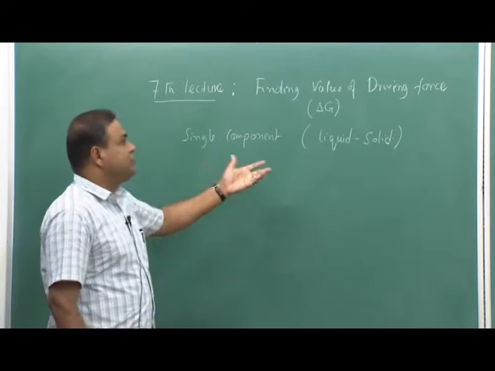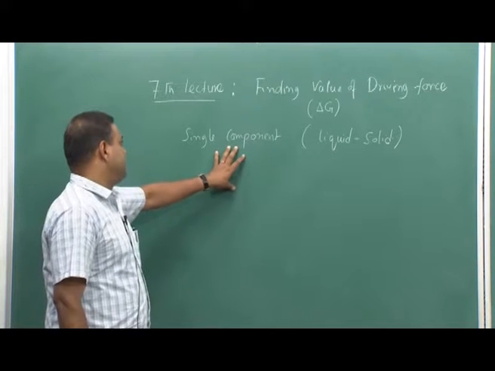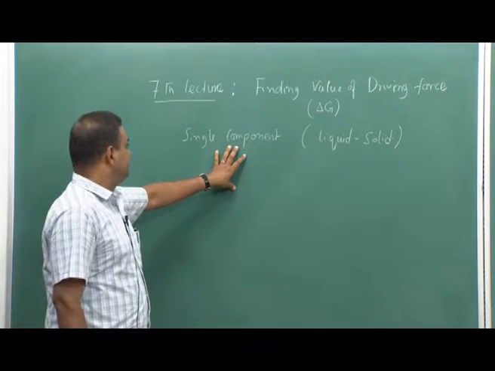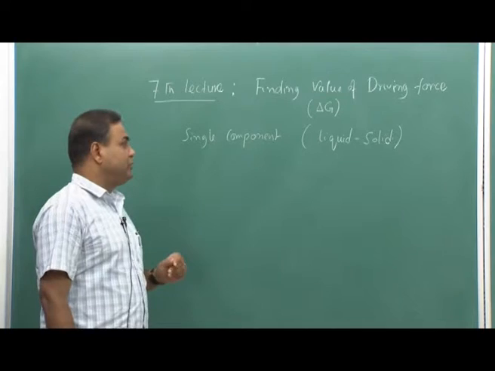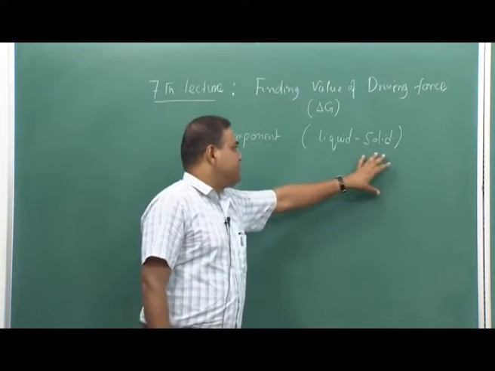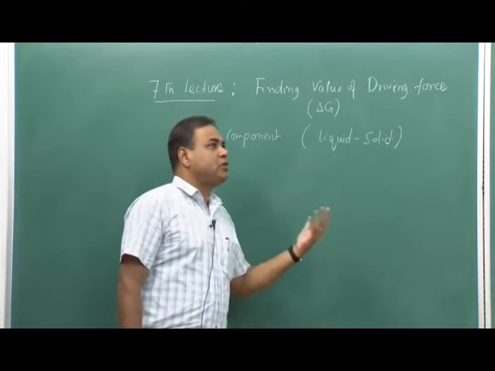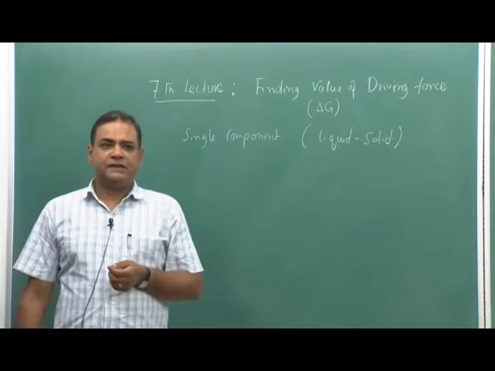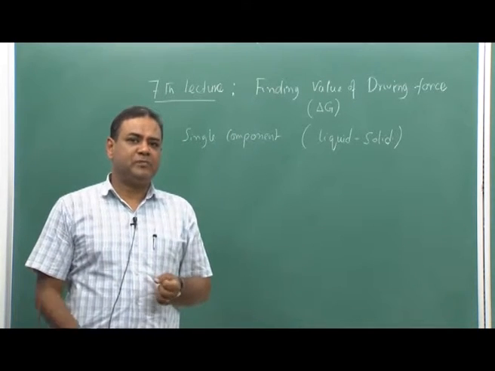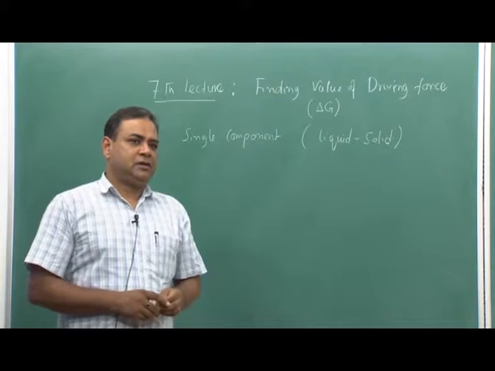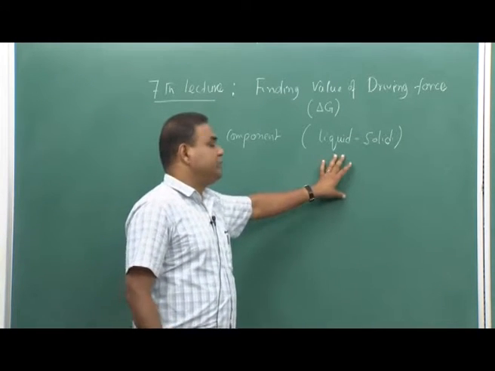But before going into the complications, let us handle a simple condition where we take a single component. You must be wondering that though we will be talking about heat treatments of steel as well as aluminum alloys, why are we considering liquid to solid transformation?